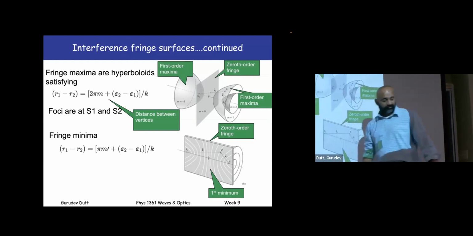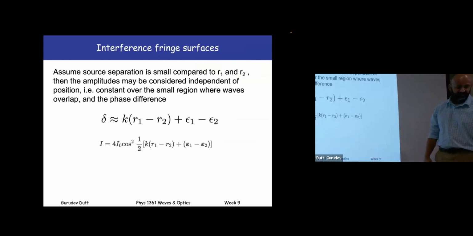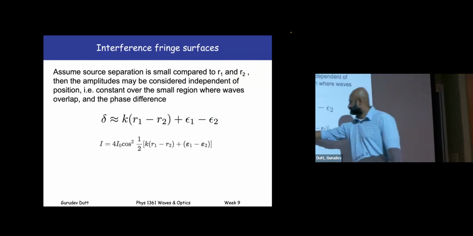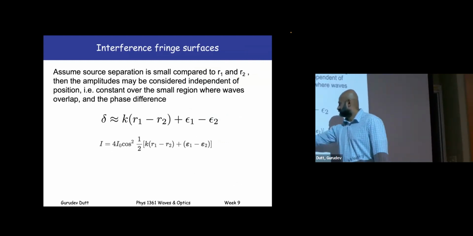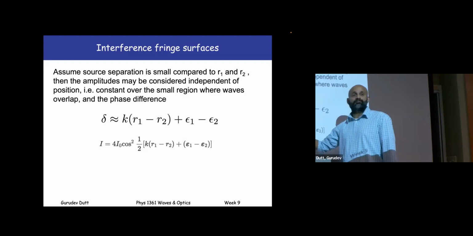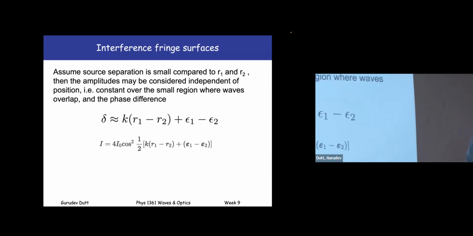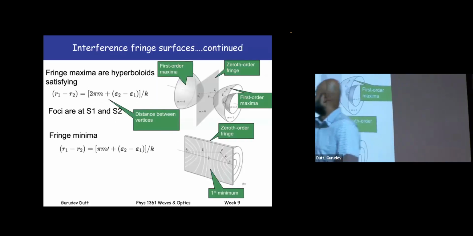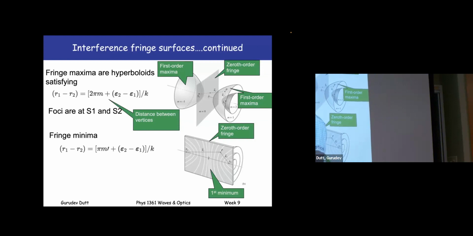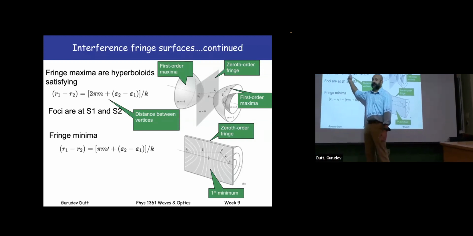Remember, when the phase difference was an even multiple of pi, I got constructive interference. Odd multiples of pi gave me destructive interference. Even multiples of pi are 2 pi m. So K times (R1 minus R2) is 2 pi m, which gives R1 minus R2 is 2 pi m divided by K.